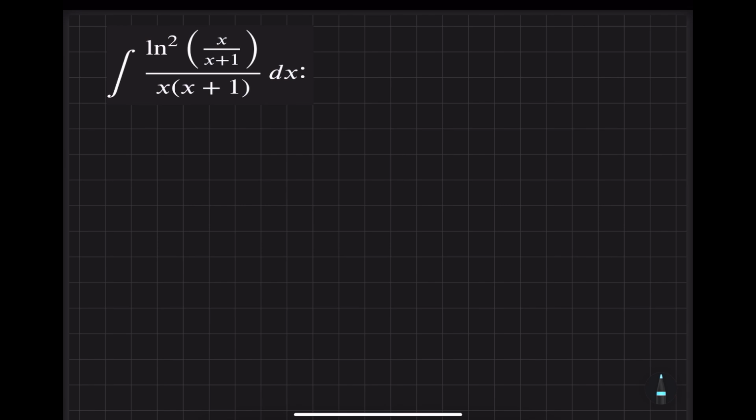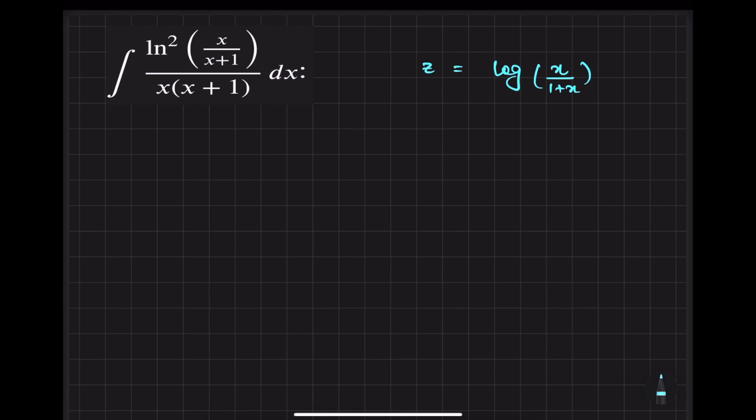You will get the result for sure. So what I feel is that I'm having a problem with this logarithmic term. So I am taking z as log x by 1 plus x.